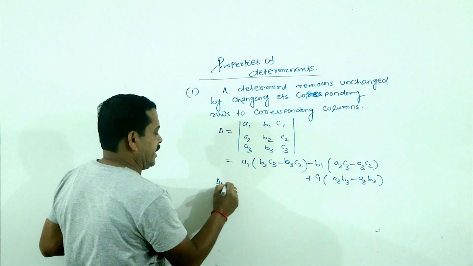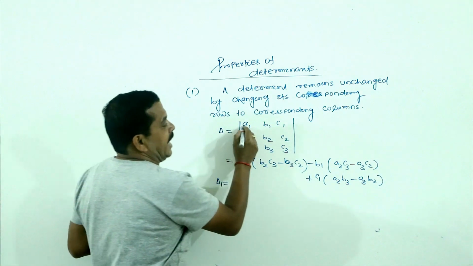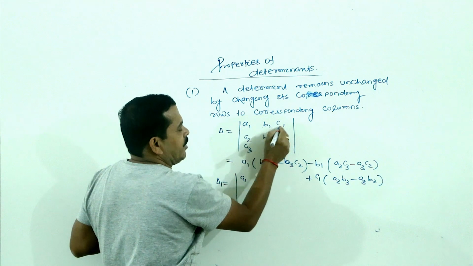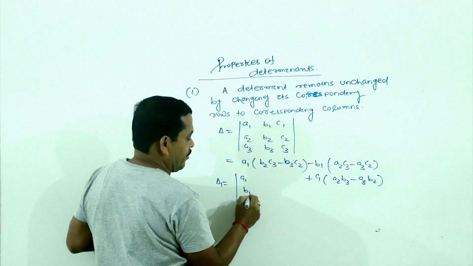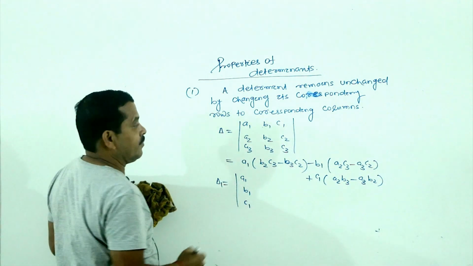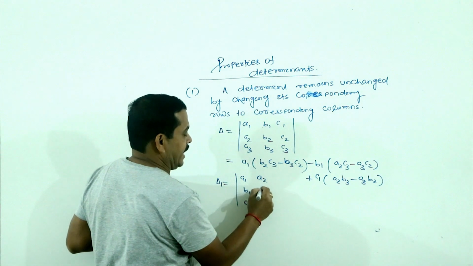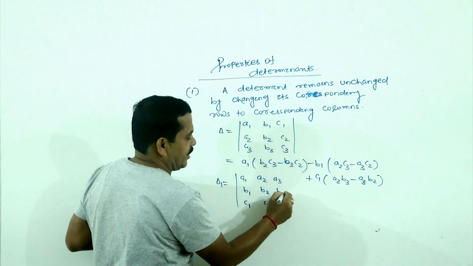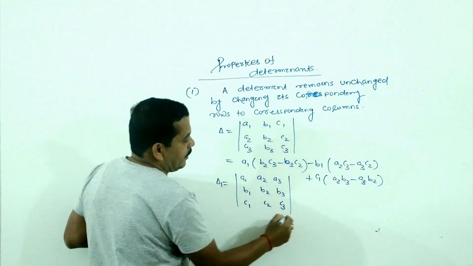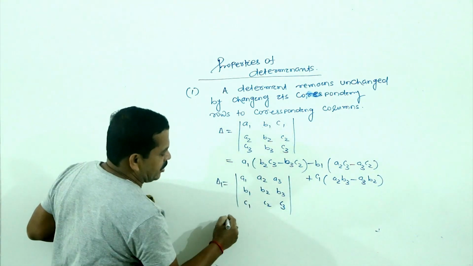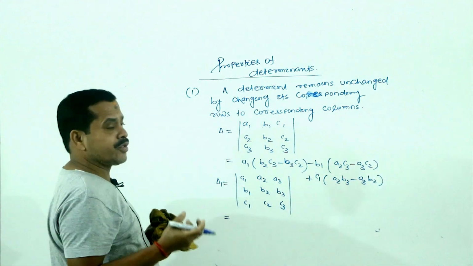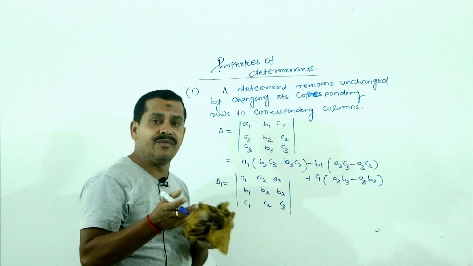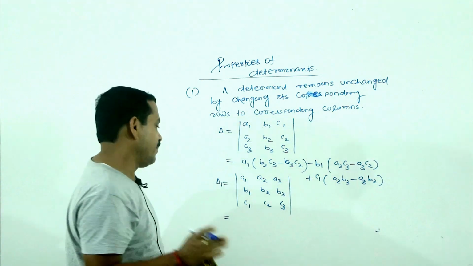Suppose del 1 is a determinant, and we change its first row to first column. Here the first row is A1, B1, C1. Here A1, B1, C1 will be the first column, and second is A2, B2, C2, and third is A3, B3, C3. Suppose we expand this determinant about the first column, because we know that if you expand a third order determinant in any way, the value will remain the same.